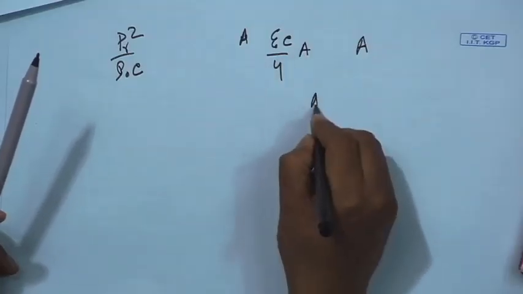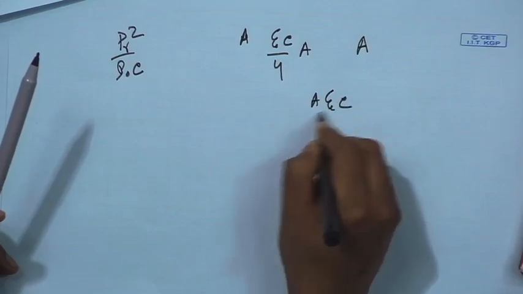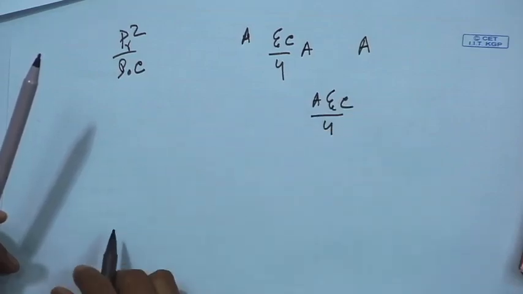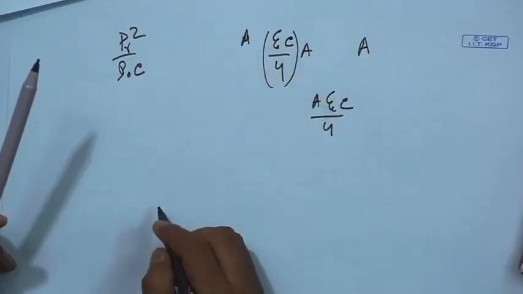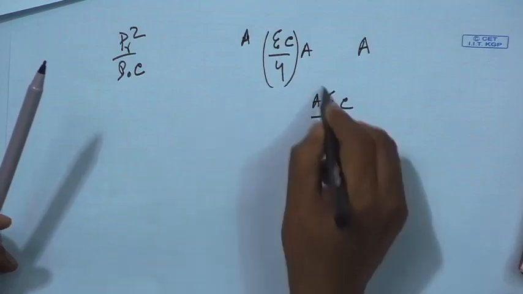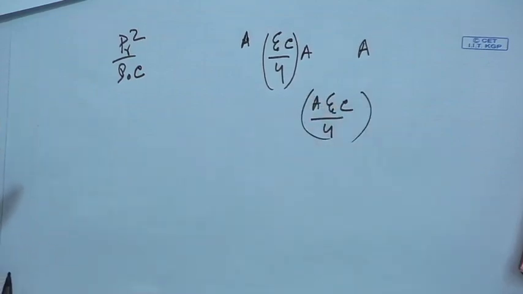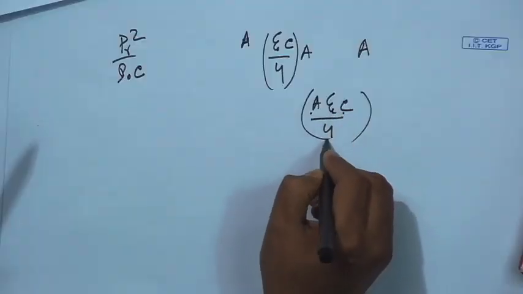It is A psi C divided by 4. Of the total energy incident, psi C by 4, this amount is absorbed. So the energy absorbed per unit area of the wall is A psi C divided by 4.